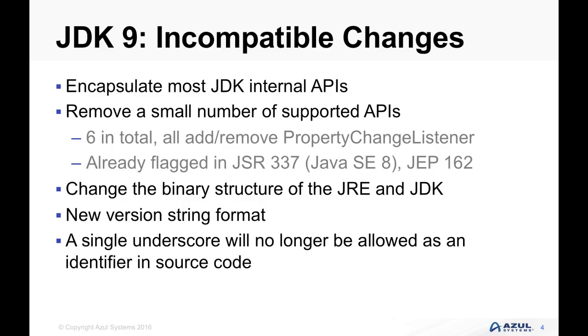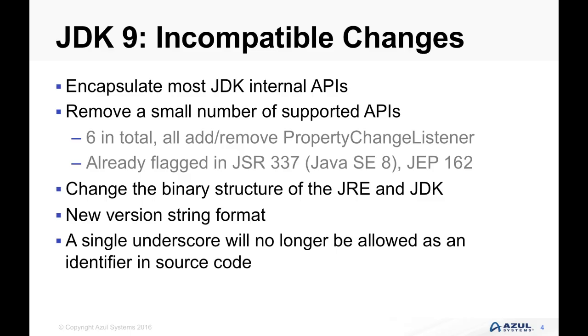Of all the classes and all the methods that have been deprecated since 1.1, not one single one has actually been removed until now. There will be a total of 6 methods that will be removed from JDK 9. So this is a fairly small start, but it's very significant, and I'll explain why those 6 APIs have been chosen above all others a little bit later on.